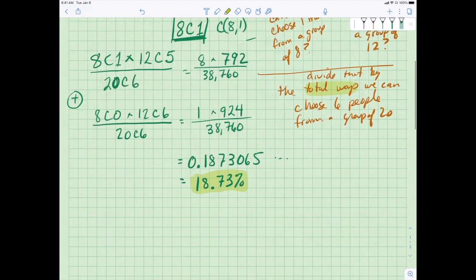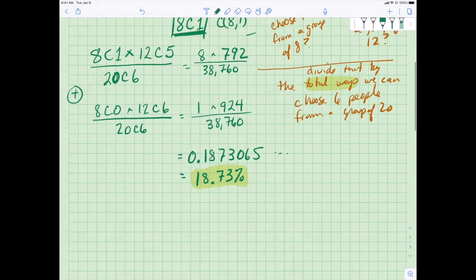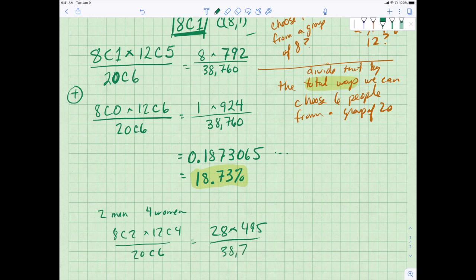You know, if we wanted to, we could do some other calculations real quick, just for fun. If we said we had to have a committee with 2 men and 4 women, what's the percentage of that? Well, that's just going to be 8 choose 2 times 12 choose 4 over 20 choose 6. 8 choose 2 is 28, times 12 choose 4 is 495, over 38,760.